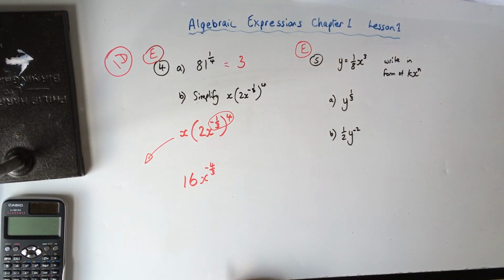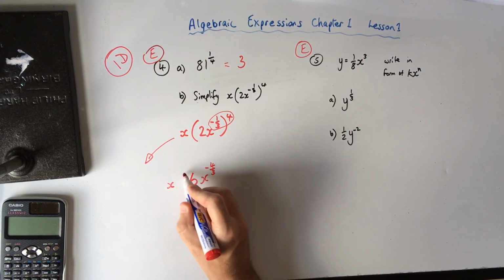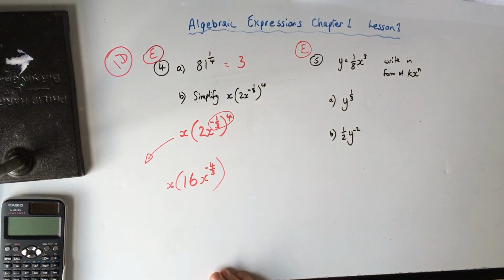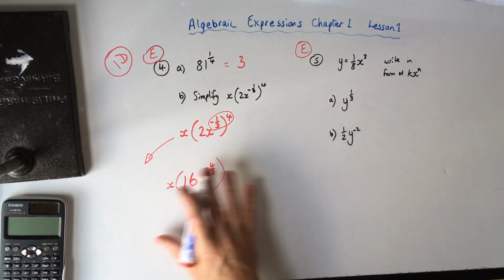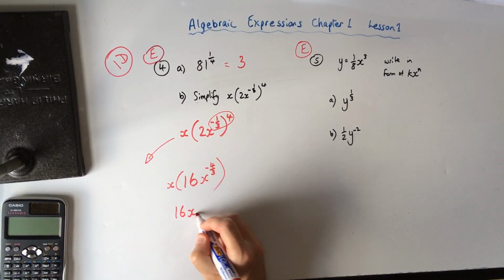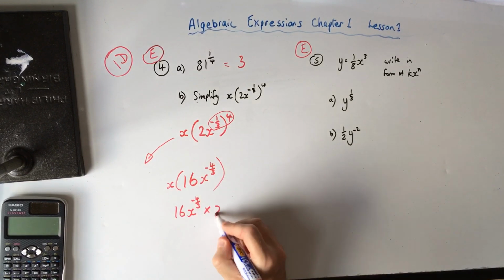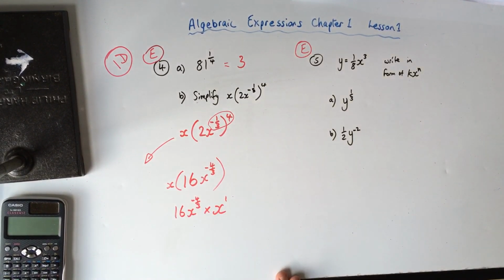And what are we doing with that? We're timesing that by x. So let's simplify this. You've got 16x to the minus 4 thirds times another x, which of course is x to the power of 1.